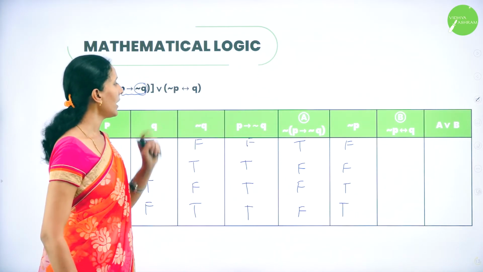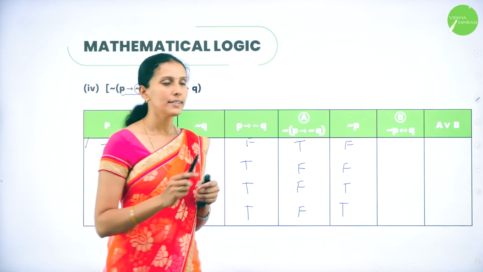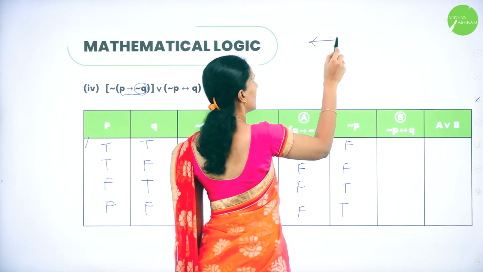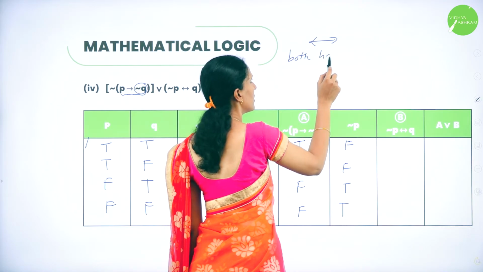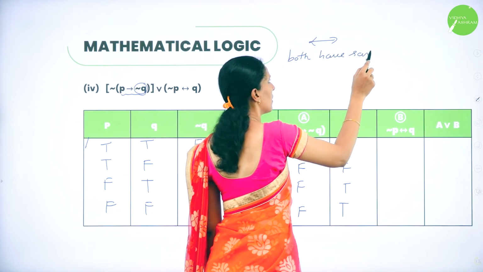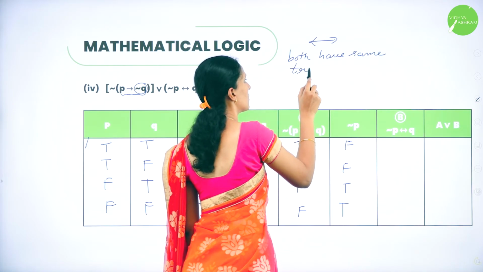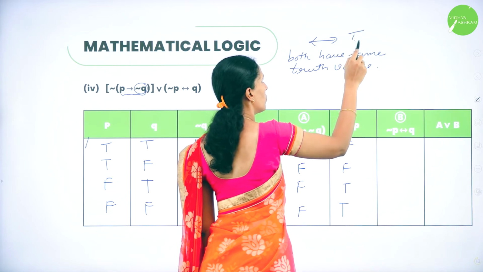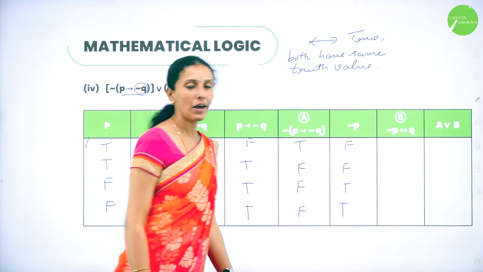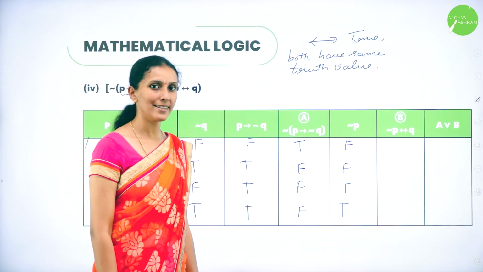So negation P, biconditional Q. What does the biconditional say? Biconditional implies both have the same truth values. So it is true when both have the same truth values. In all the other cases, it is false.